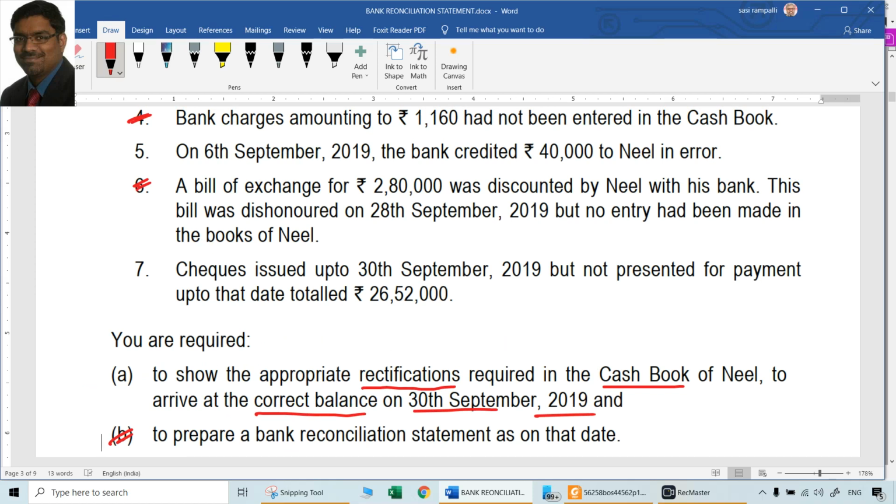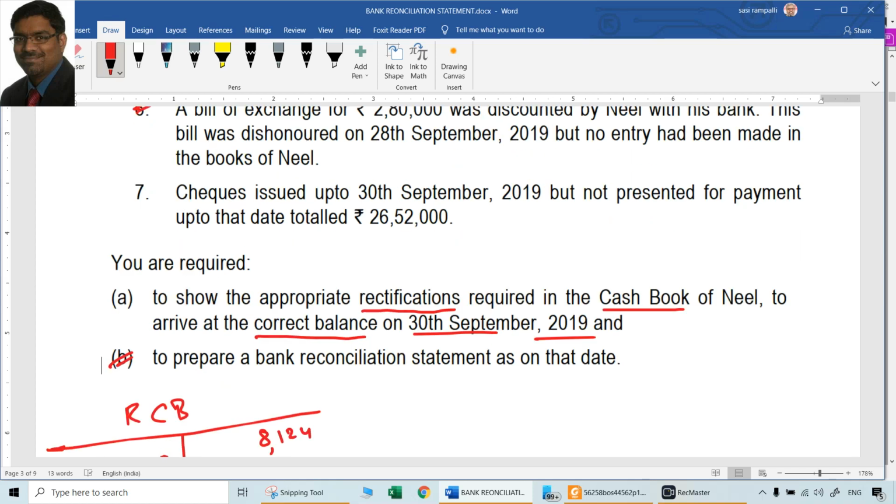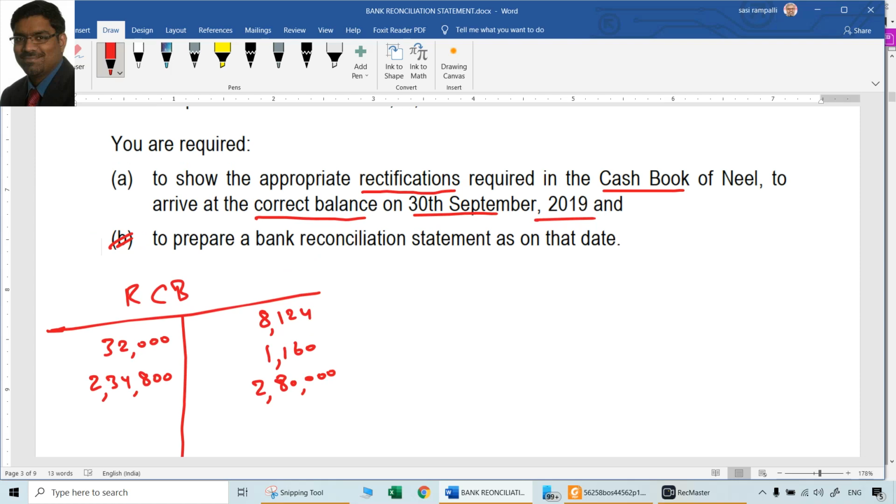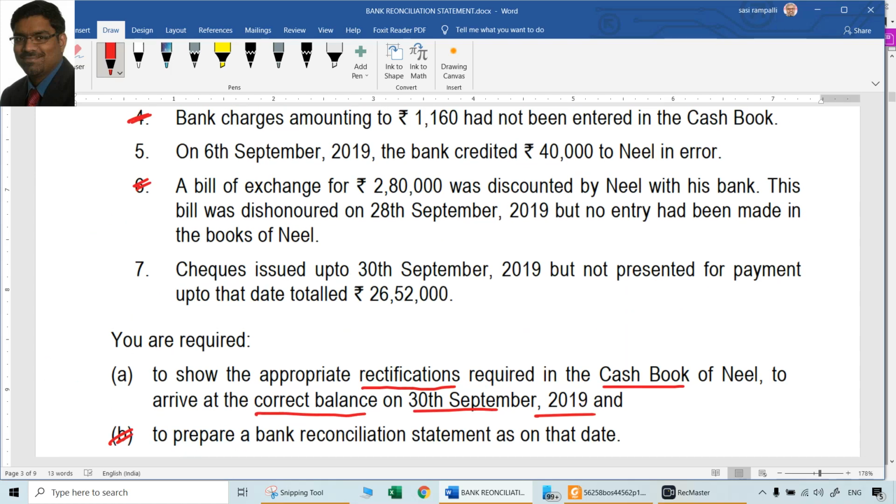How much? 2,80,000. So this has to be credited in the revised cash book, 2,80,000, because we are supposed to pay this to the bank, entire 2,80,000, which we should have recorded already, but it was not recorded. No entry had been made earlier. Now we are making it.